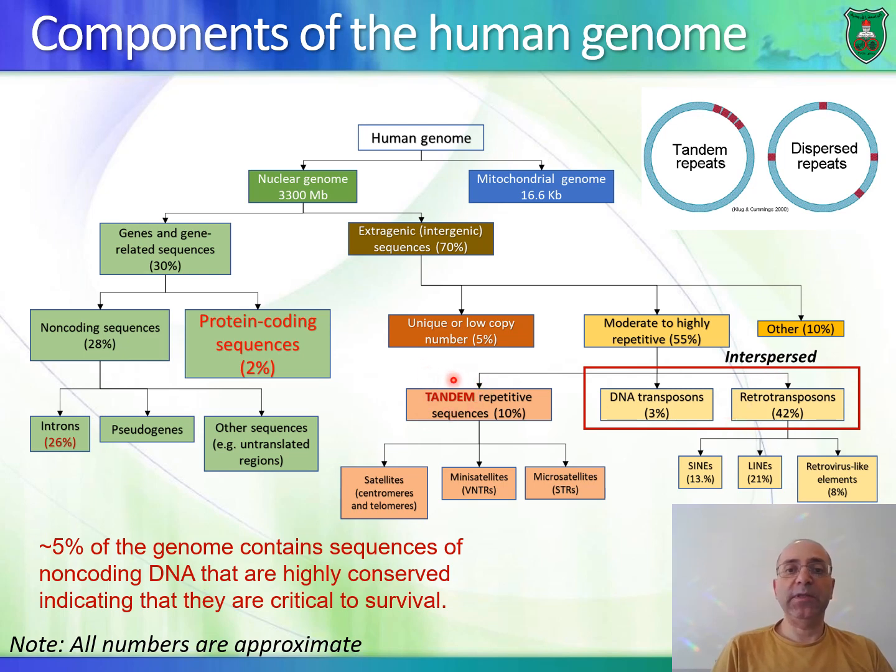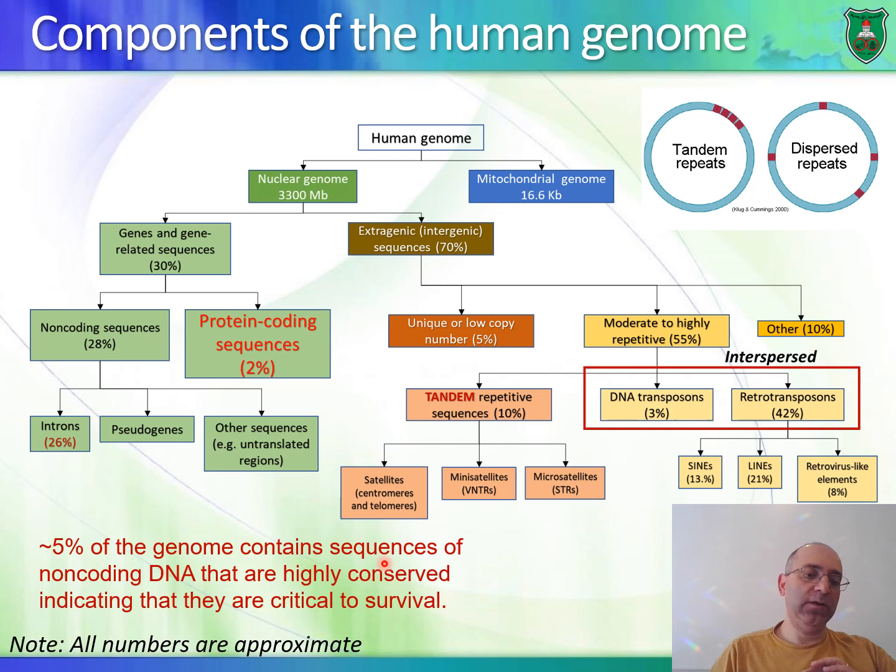Well, let's talk about these tandem repeats right here. That is the same sequence but repeated one after the other within the same place or small region. So these sequences constitute about 10% of the human genome. So memorize these numbers, by the way, relatively, okay? So know these numbers. Many of them are satellite. They're called satellite sequences.